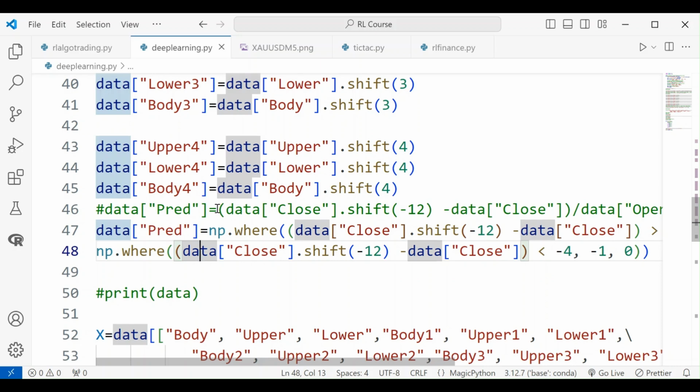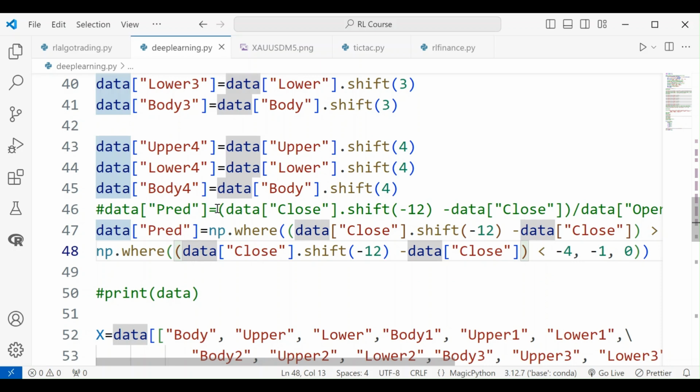Classification is when we want to have discrete data. For example, here I want to ask three questions: buy, sell, or no action, or hold, whatever you want to say. I want to ask my deep learning neural network, what should I do if I give it the four candles?